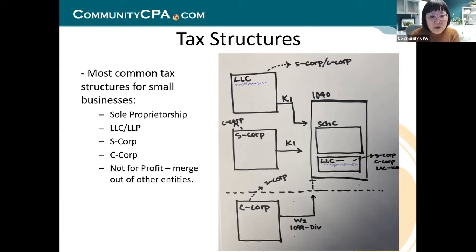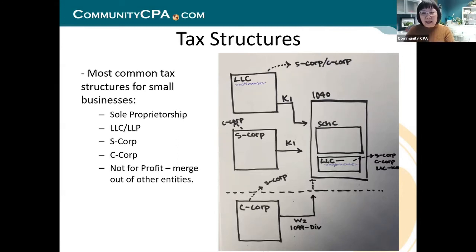Of course, you're going to report that on 1040. And the C Corp might be distributing dividends, so you get the dividend and you report it on 1040. You got dividends from your investment in Microsoft, didn't you? So that is a C Corp, and they give you a dividend. So you report that on your tax return.